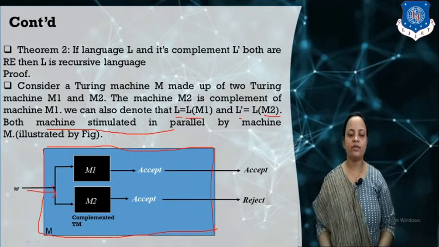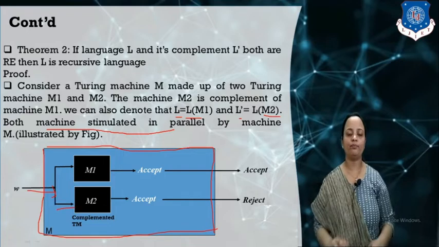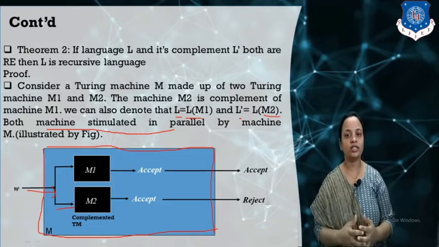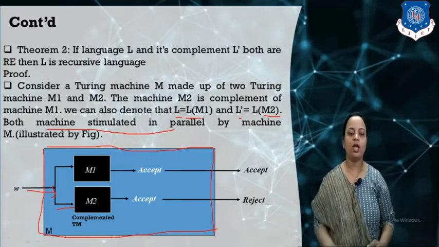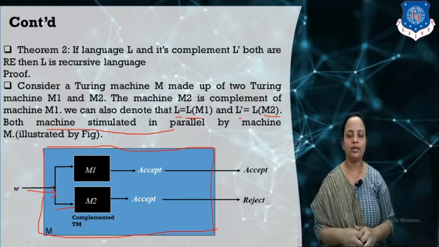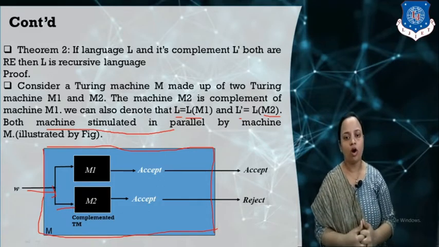It means that this machine has two tapes, where one tape simulates M1 and the other tape simulates M2. Now these two machines are recursive enumerable languages. It means that the accepting states are properly defined. Now if the string is in M1, it will accept it, so M will eventually halt on accepting.